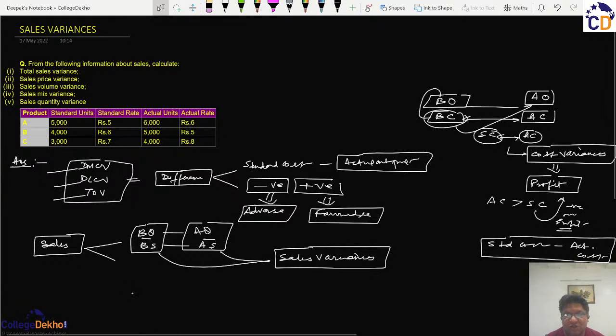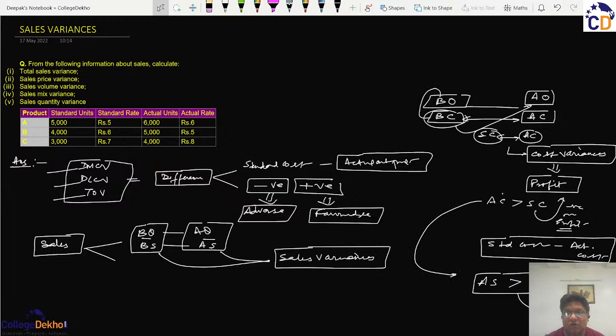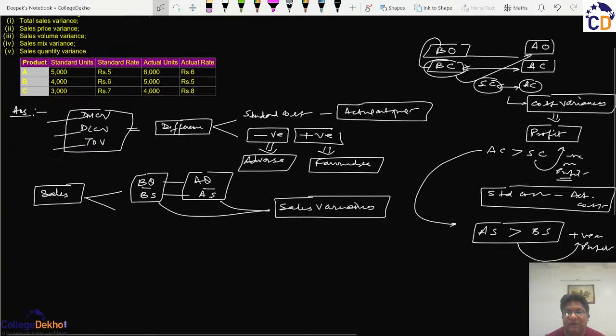Secondly, if the actual sales are more than the budgeted sales, it will have a positive effect on the profit. Conceptually the difference between the two should be the variance, but because sales behaves opposite to cost, the variances which earlier showed an adverse impact on profitability will now show a favorable impact.